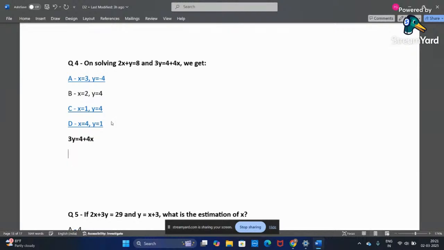This equation, we can write in the form of minus 4x plus 3y equals 4.